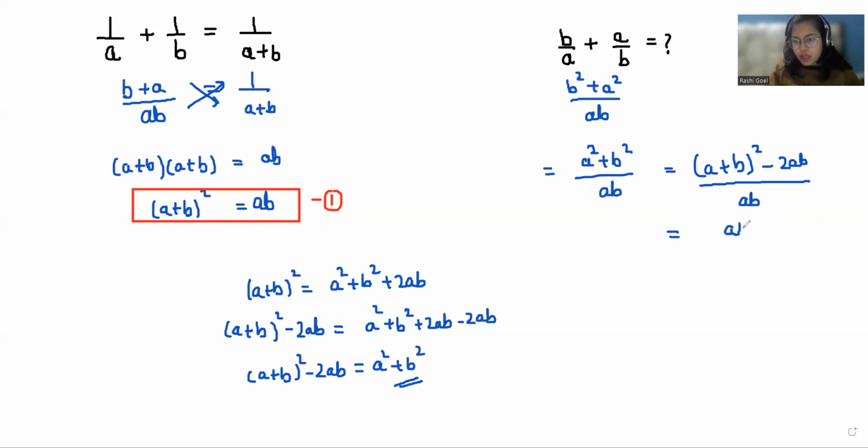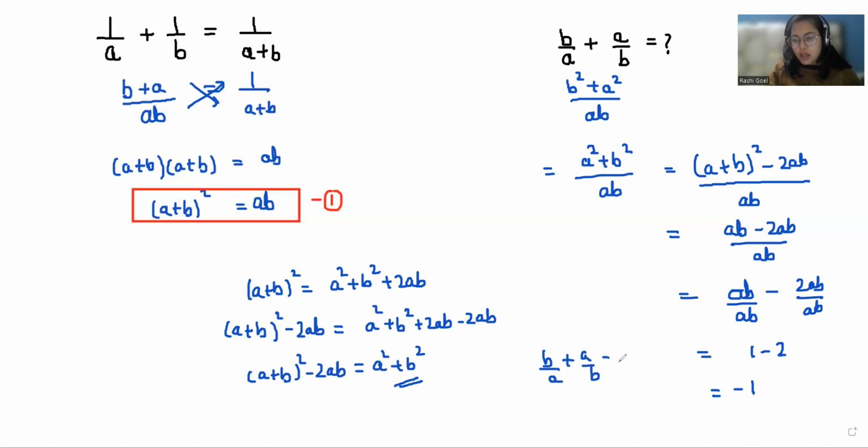So we can put here (ab - 2ab)/ab. If I break the denominator, it is ab/ab - 2ab/ab. So we can write it as 1 - 2, that is -1. So the value of the expression b/a + a/b is -1.